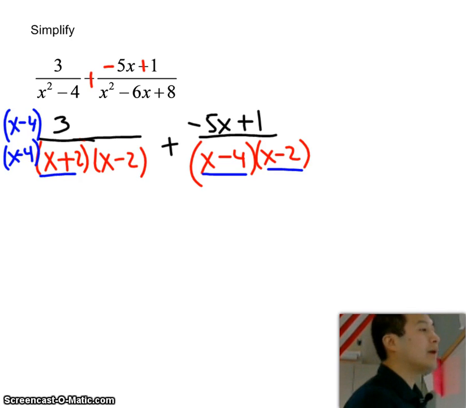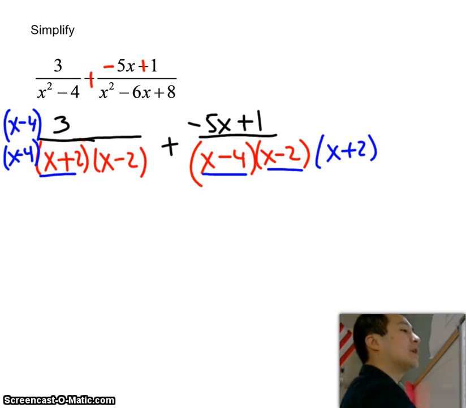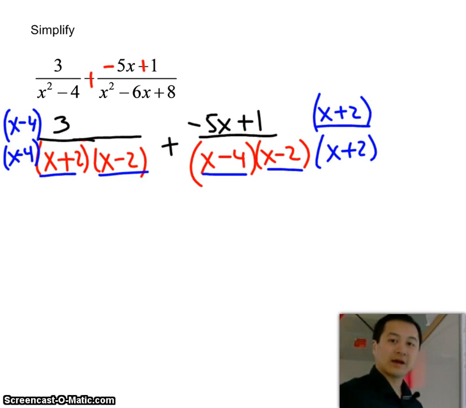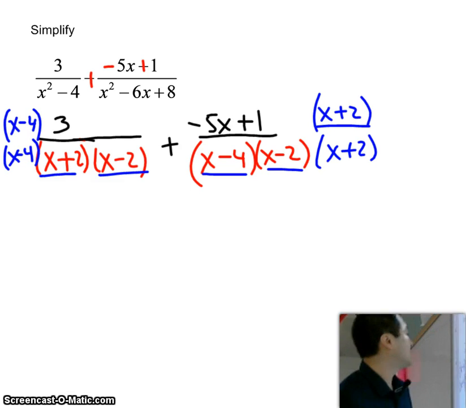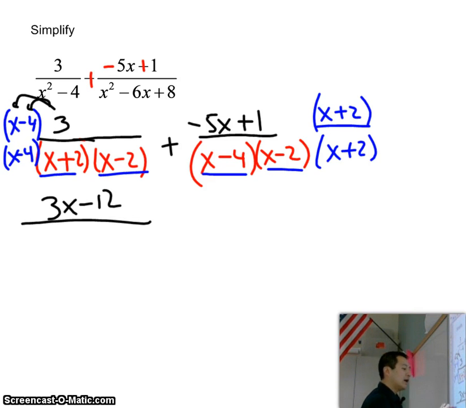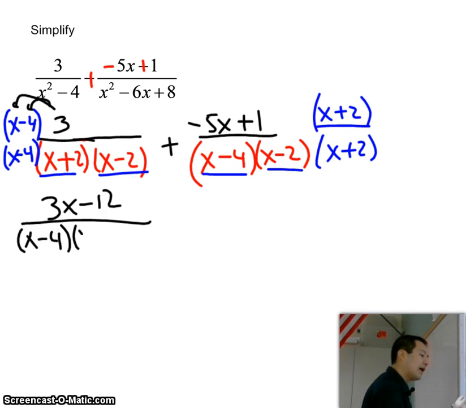No, so I want that. x plus 2, top and bottom, has to be the same. Do I have this? x minus 2. Yes, it's right there. Therefore, now we have the same denominator. Multiply the top, it becomes, distribute. Don't forget to distribute. 3x minus 12 divided by x minus 4, x plus 2, x minus 2.